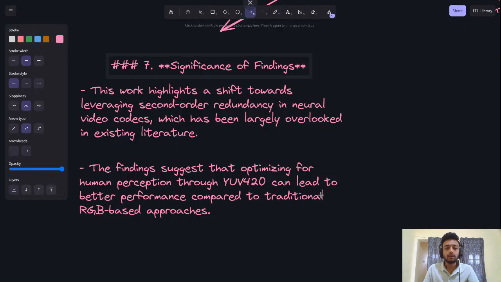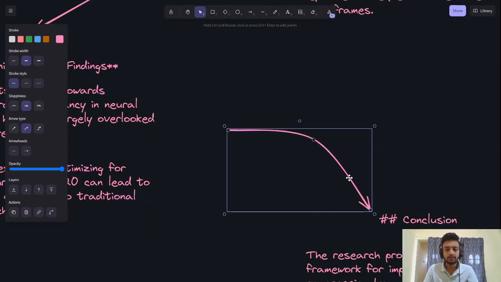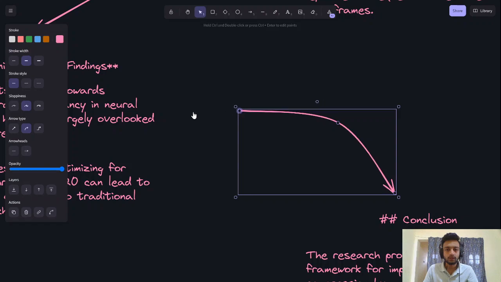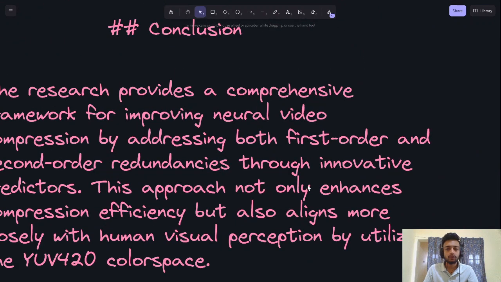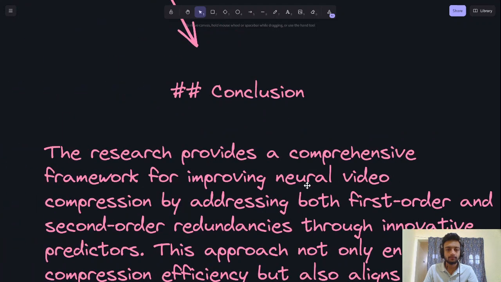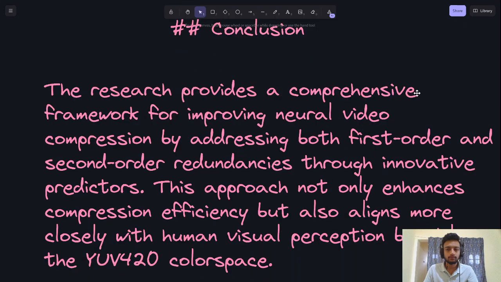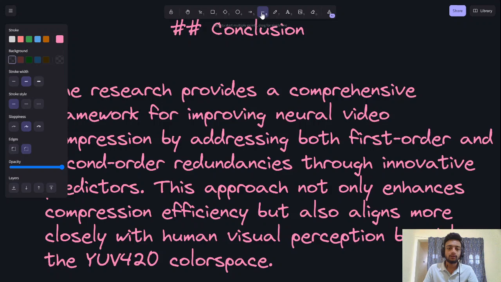So, lastly, I would like to conclude the session. Not conclude, basically, I would like to show you what my conclusion was for this particular session.